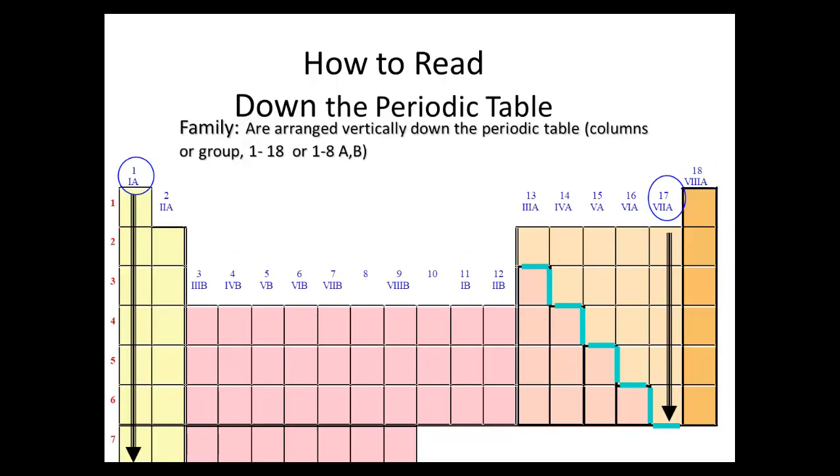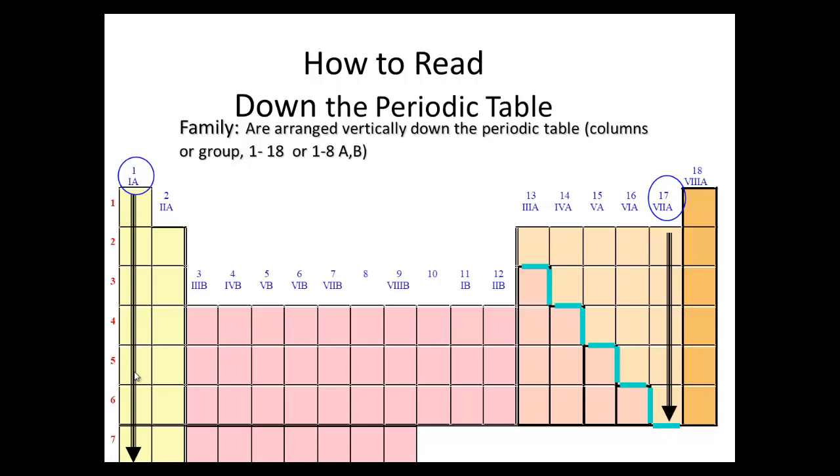And you can also read the periodic table going down. And when you go down, these are called columns, groups, and they're also even called families. And actually when you go down the periodic table, each column and each element in the column are really closely related in terms of their properties.